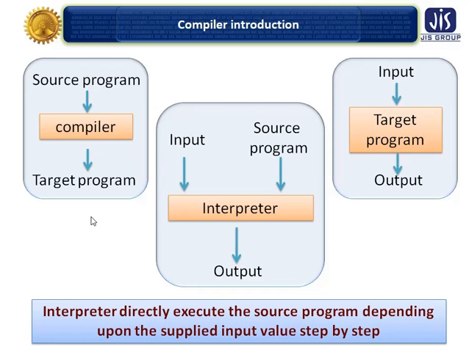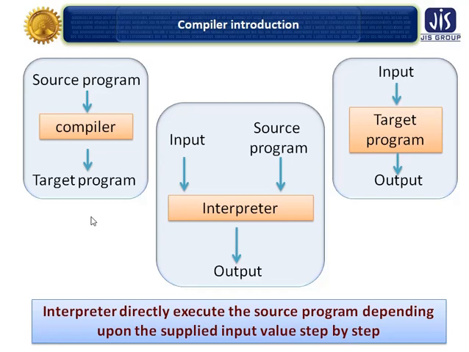Line number 1 is correct, line number 2 is syntactically correct, but no object code will be created. But for the interpreter, object code will be created for line number 1 and line number 2, and for line number 3 it will give the error.